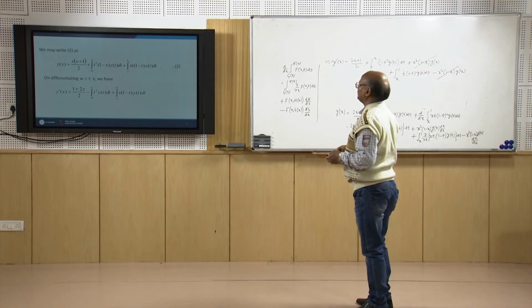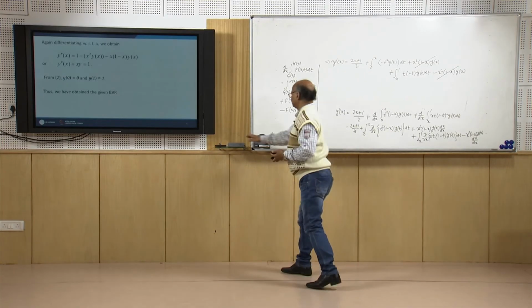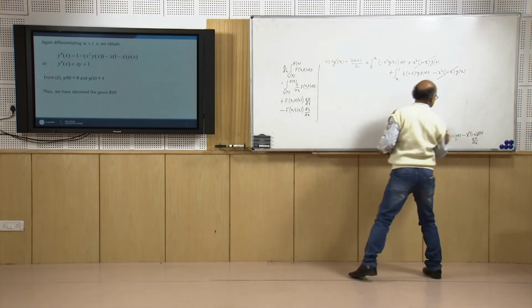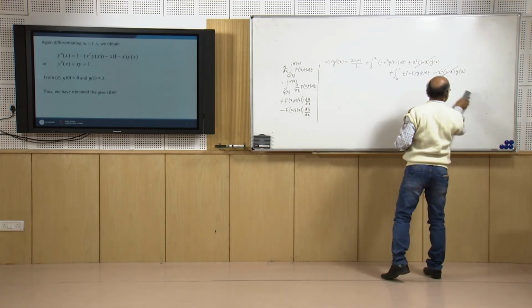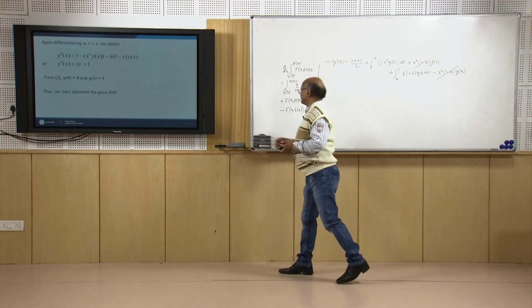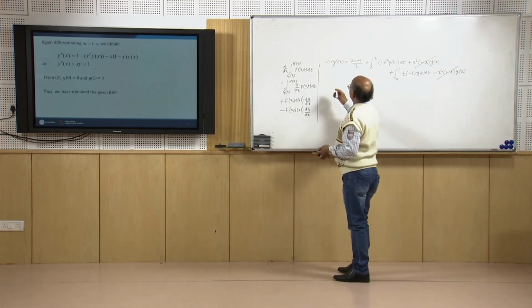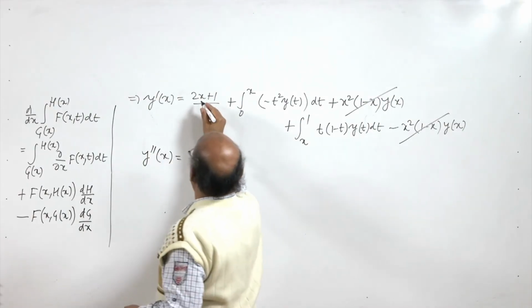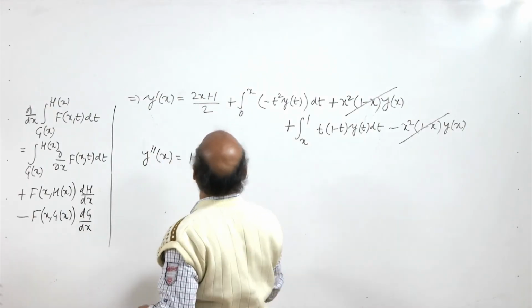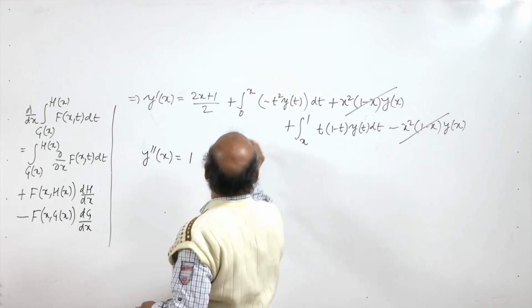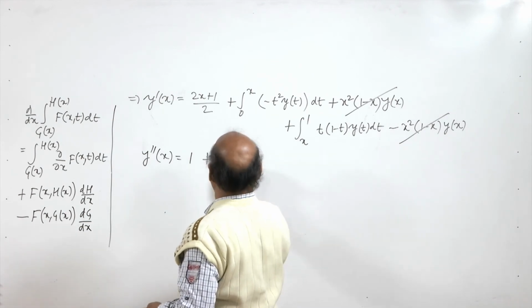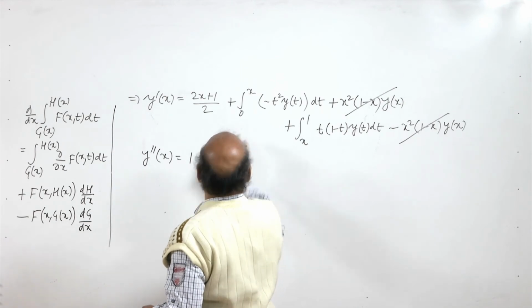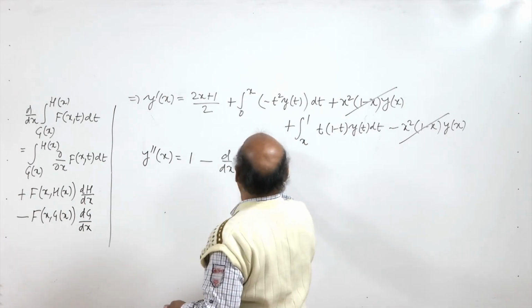Now, let us go to the second derivative. When you differentiate it once more, y double dash x becomes 2 by 2, that is 1 plus, now the derivative with respect to x. We can put a negative sign here.